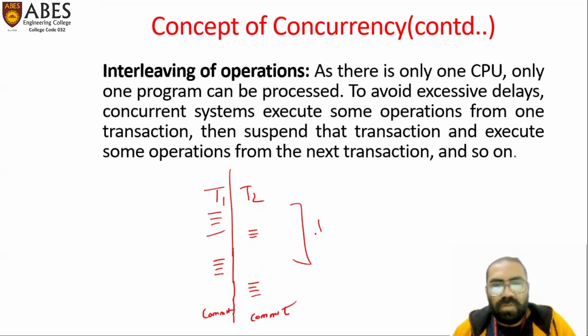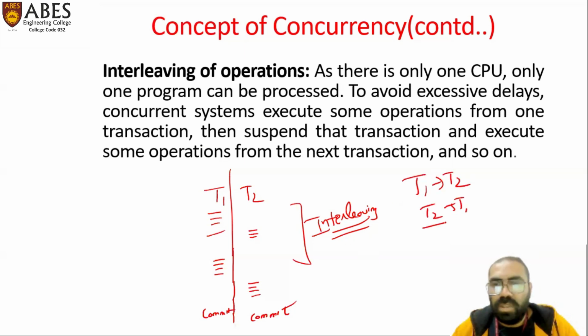This is the property of interleaving. With some rules and regulations, which we will see in the next videos, we can ensure that while introducing interleaving, the result is equivalent to T1 then T2 or T2 then T1.